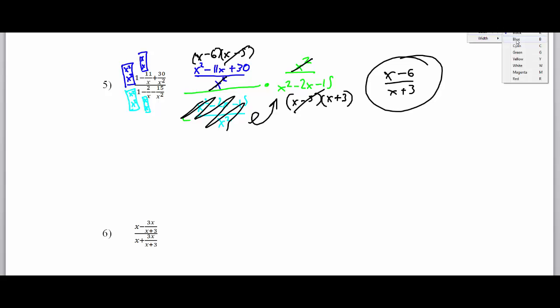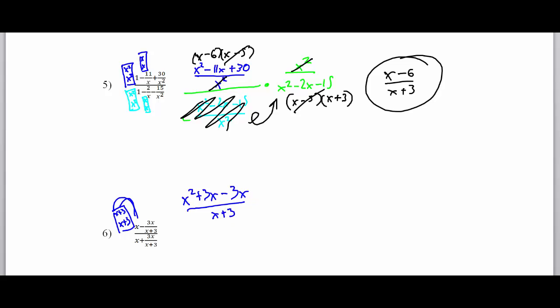And I should change that back to blue. Okay, so I am going to now multiply this fraction by x plus 3 over x plus 3. So I want a common denominator of x plus 3, so I kind of not foil, but distribute that in there. So now I have x squared plus 3x over x plus 3 minus 3x over x plus 3.